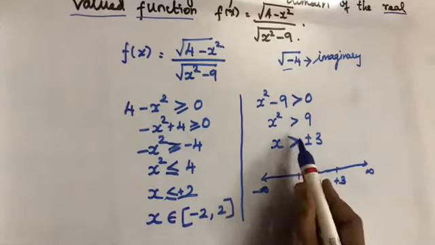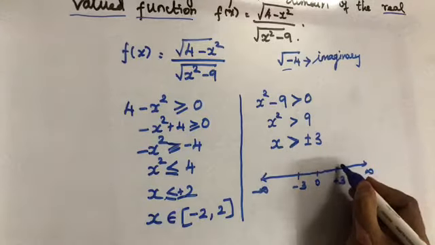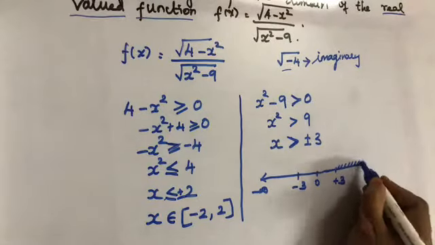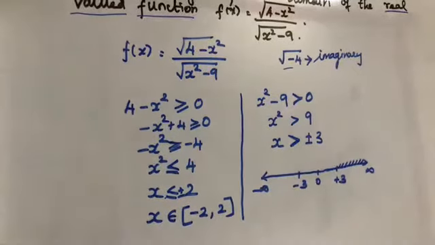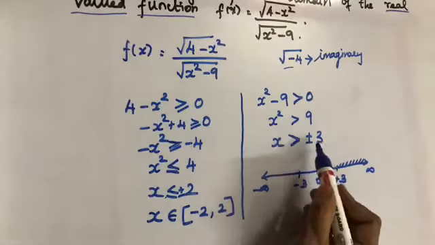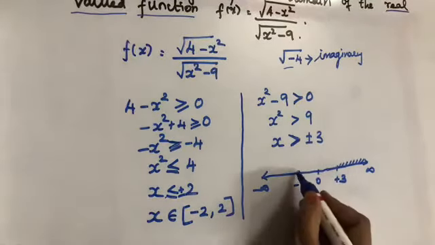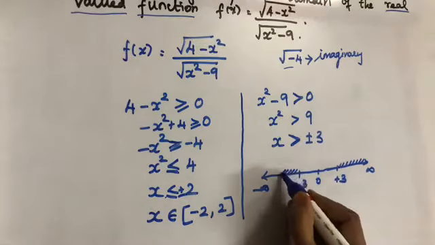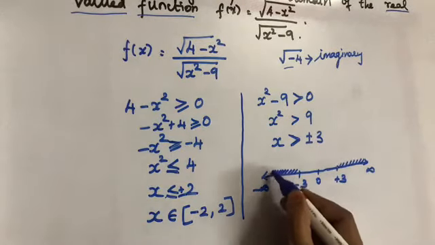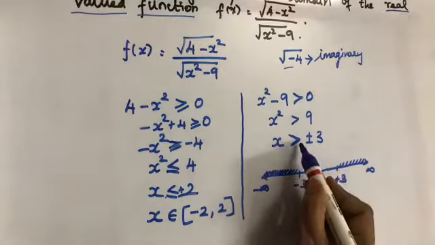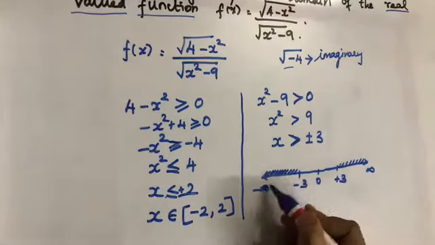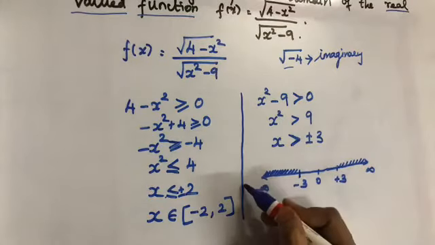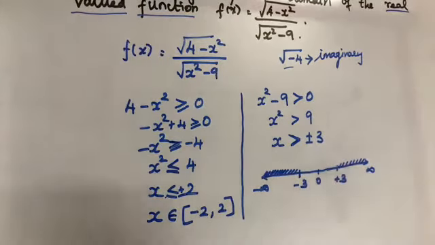So x is greater than plus 3, so all the values above plus 3 come on the number line. Similarly x is greater than minus 3, so all the values come here. Not included; only if equal to comes, then plus 3 and minus 3 will be included. So towards minus infinity and towards plus infinity will come.